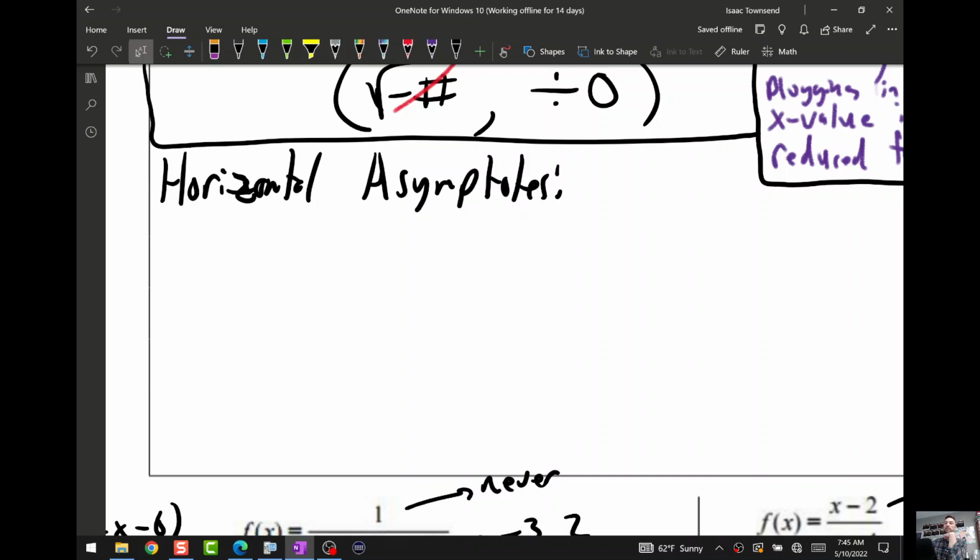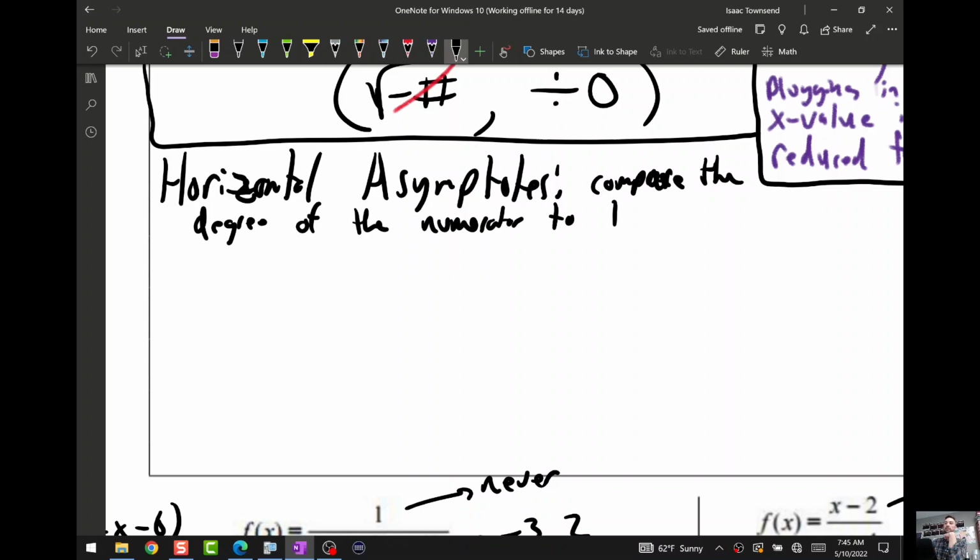But for horizontal asymptotes, you need to compare the degree of the numerator to the degree of the denominator.